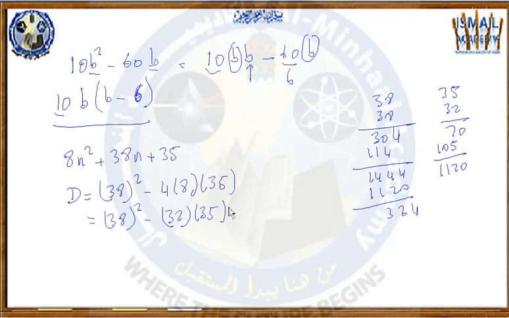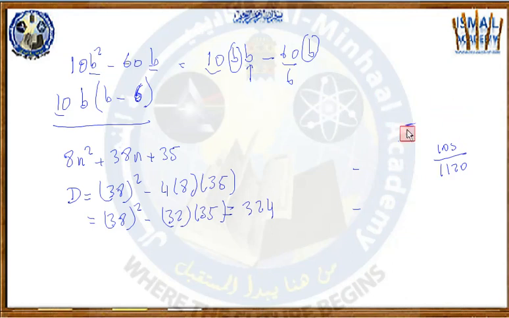So this will be equal to 324. All right. Is that clear? Normally you should know how to do multiplication. I'm not going to give you this big number, but you should know how to do multiplication, yes?